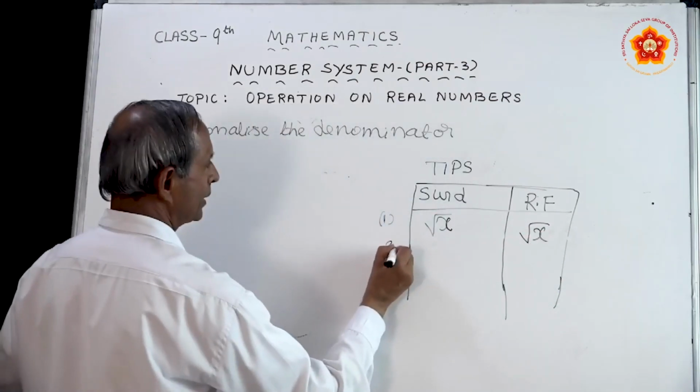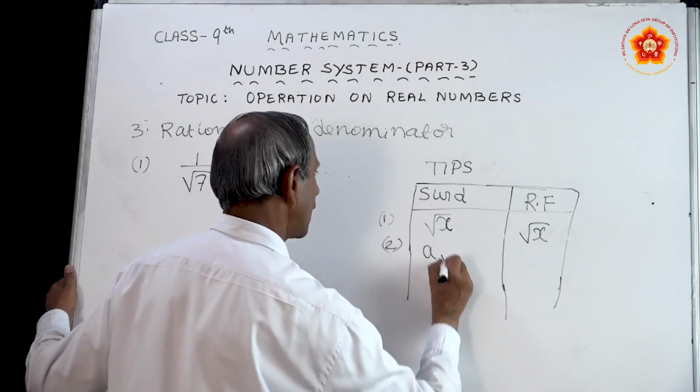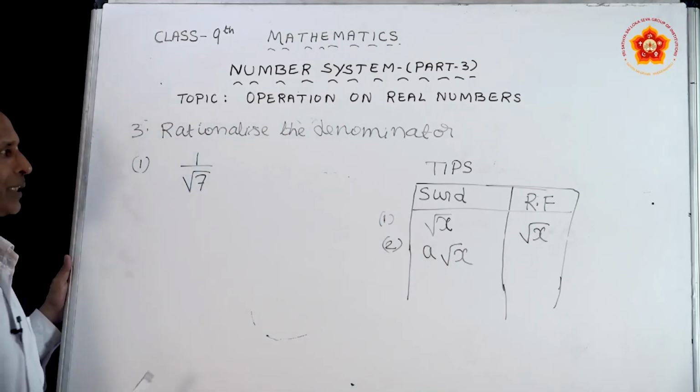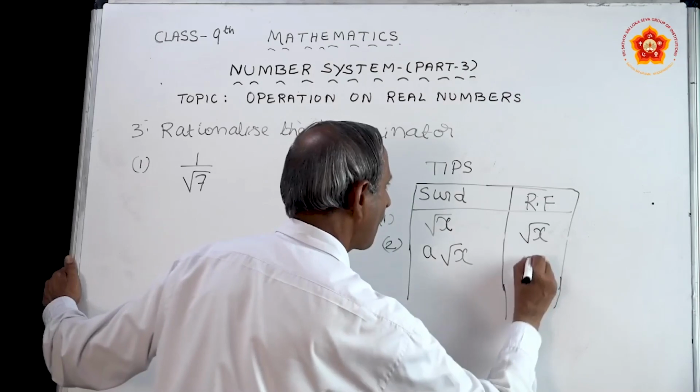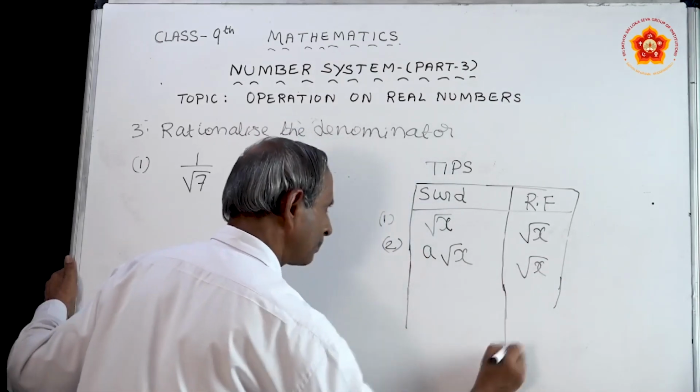Second tip is, if the given surd is root of x, then also its rationalizing factor is root of x only. Next important tip, number 3.